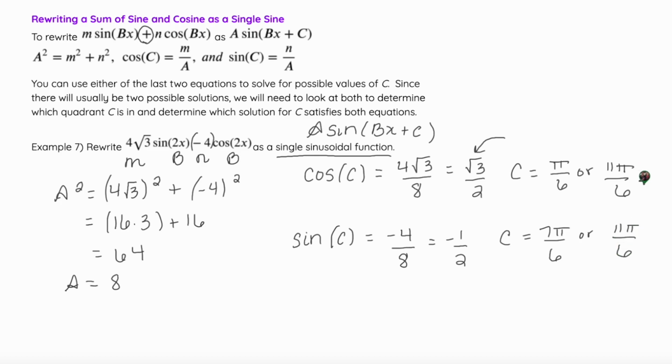So notice that the value in which they're the same is the value we need for our c value. So now we have a, b, and c, so we can now write it as that single sinusoidal equation, giving us 8 times sine of 2x plus 11 pi over 6.